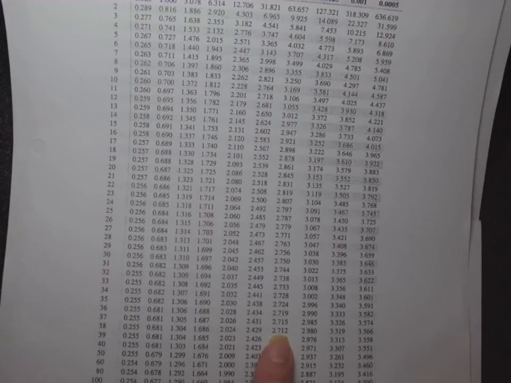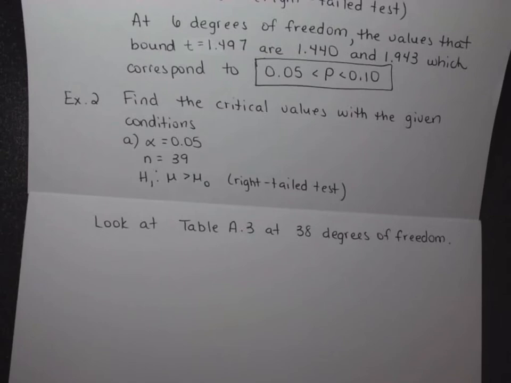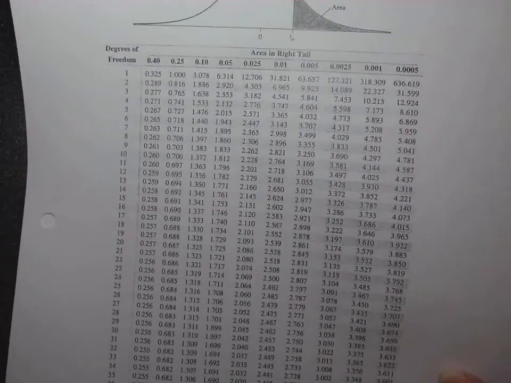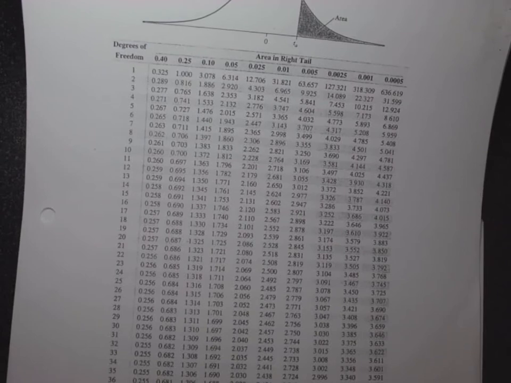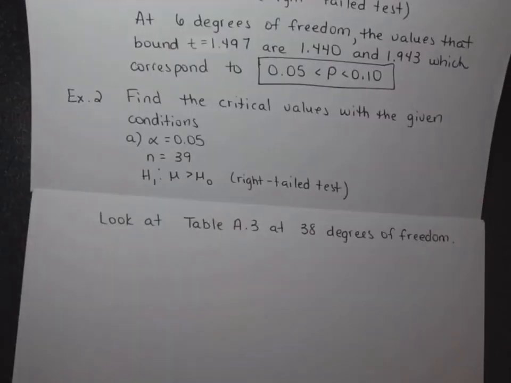So 0.05 is 2.712. Actually, hang on, I think I read that wrong. Row 38, 0.05, I went over too far. I did 0.005, so don't do what I just did there. But it looks like it's 1.686.